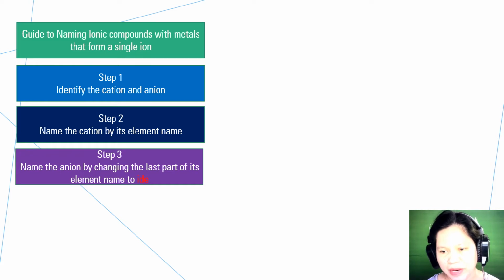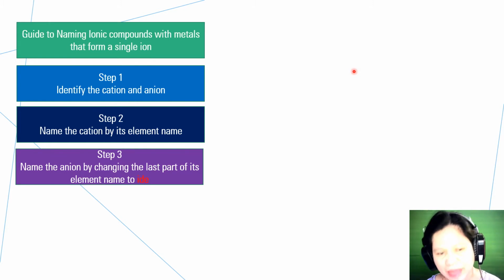And which one bears the negative charge? So for sodium chloride, the cation is sodium, which is a positive one, while the anion is chlorine, which bears a negative charge.